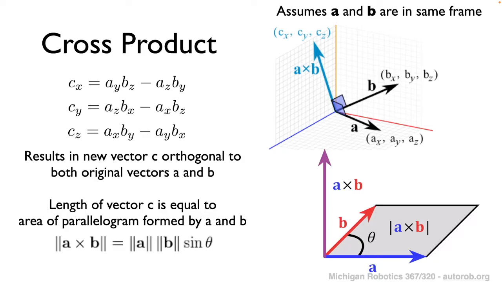So given 2 vectors, you can calculate exactly a new vector C in this particular figure that is orthogonal to both A and B, both of the given vectors. In both these figures, A cross B is illustrated as the new vector orthogonal to A and orthogonal to B. And this slide defines that calculation.